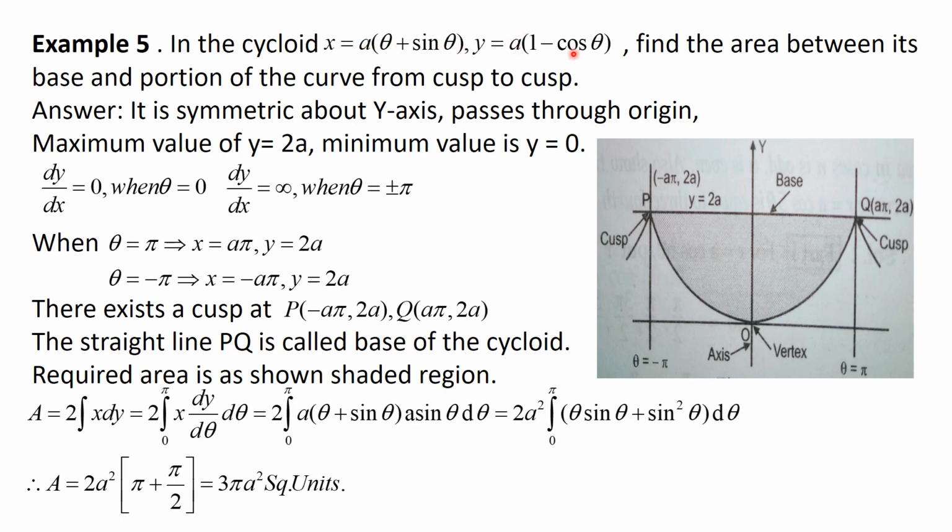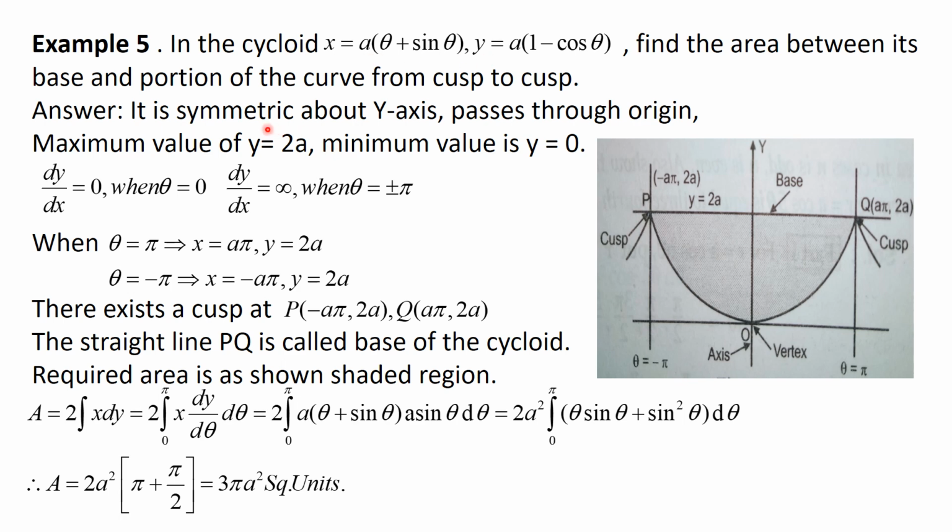First we see what the cusp and the base are for the given curve. It is the cycloid, which is nothing but the motion of a circle in repeated form. So we need to find the cusp for the given parametric form, x equal to a function and y equal to a function of theta.